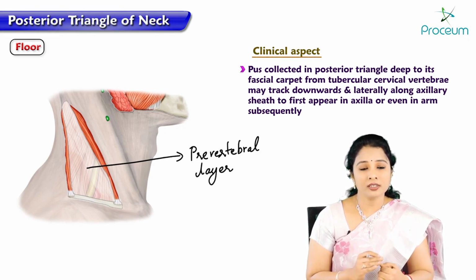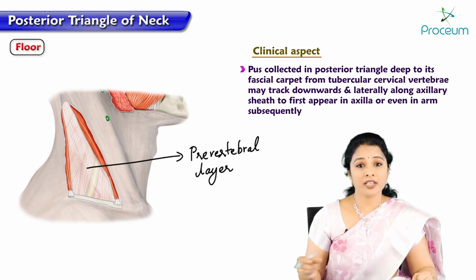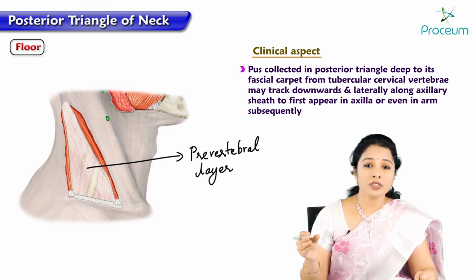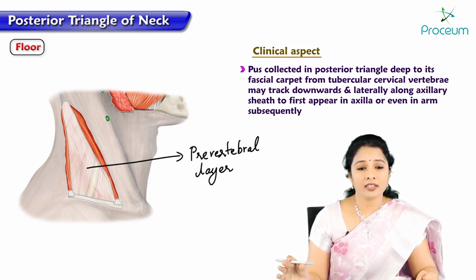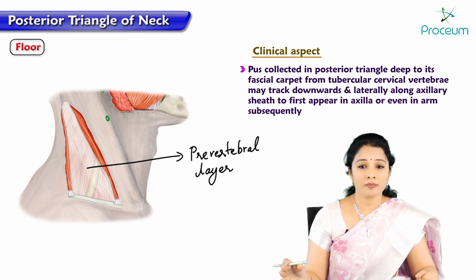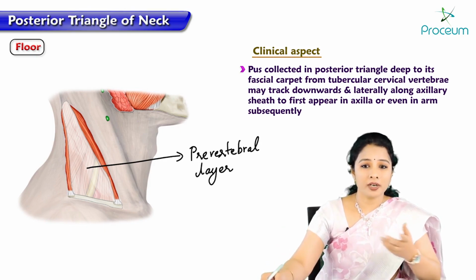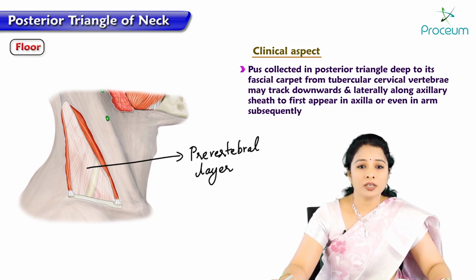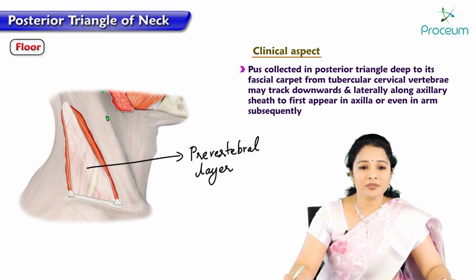So the pus drains along the axillary sheath and will be seen in the axilla, and subsequently even in the upper part of the arm. So that was one clinical aspect associated with the prevertebral fascia.